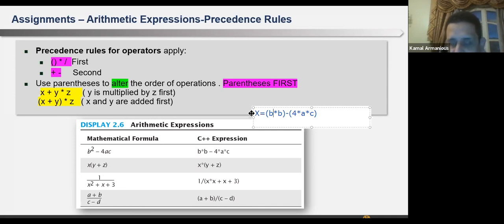So if I have this in parentheses, I start evaluating b times b. Then I go from left to right. Then I evaluate 4 times a times c, and whatever the result of this is will be deducted from the result of this. So this is called precedence rules.